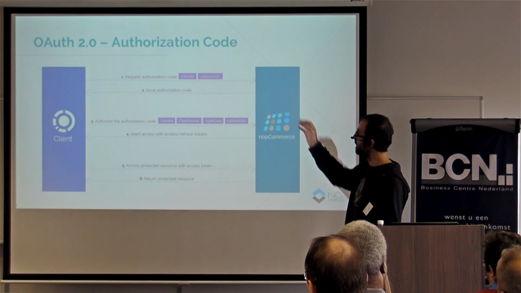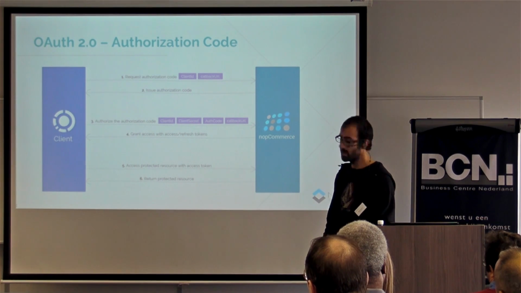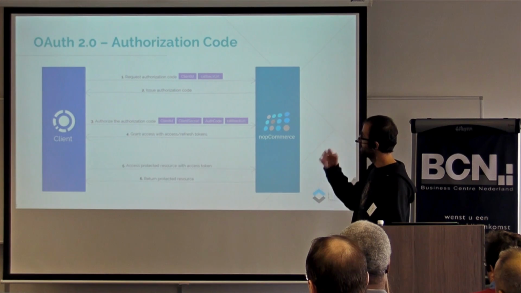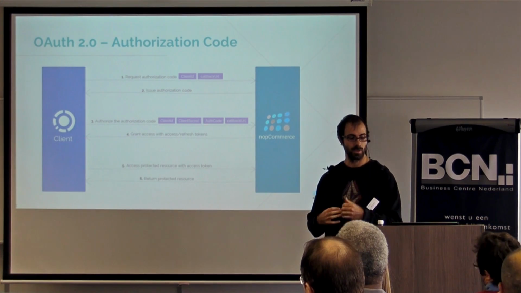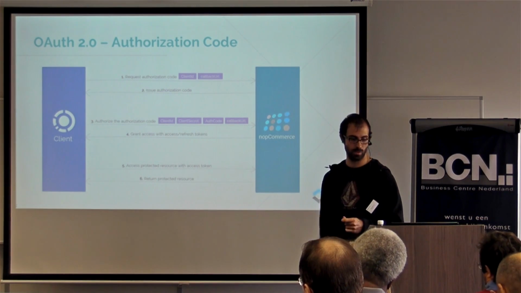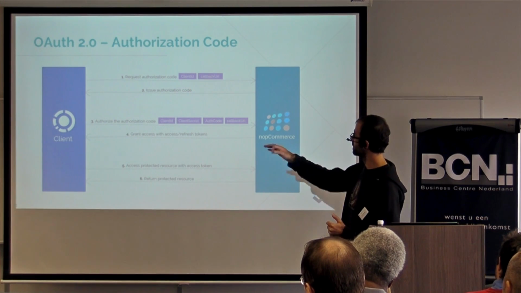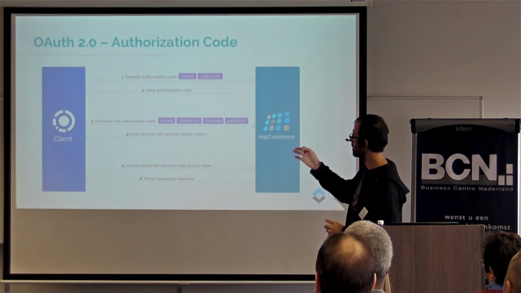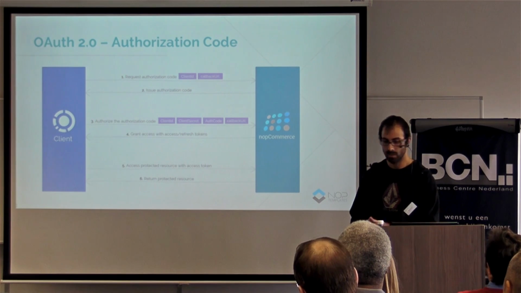The server then verifies the client ID and the callback URL against its database and returns an authorization code, which is a temporary code, and tells the client basically, okay, if you're really who you claim you are, then you would know what to do with this authorization code. The client takes the authorization code and returns it to the server along with its client secret this time. The client ID and the callback URL are again included in the request.